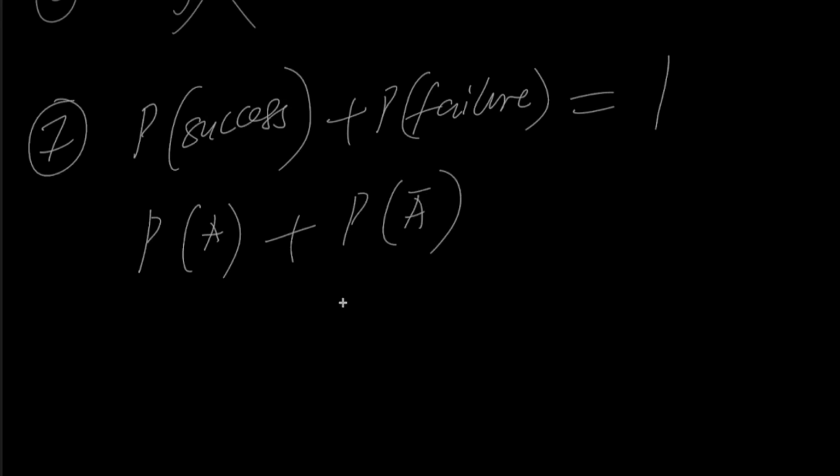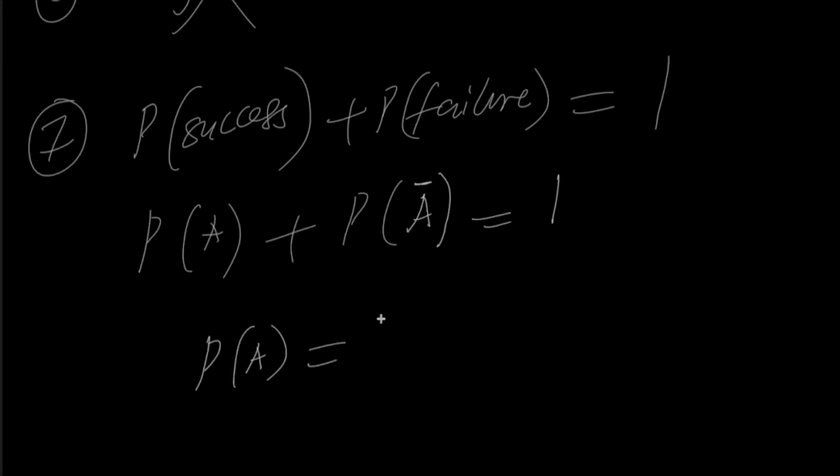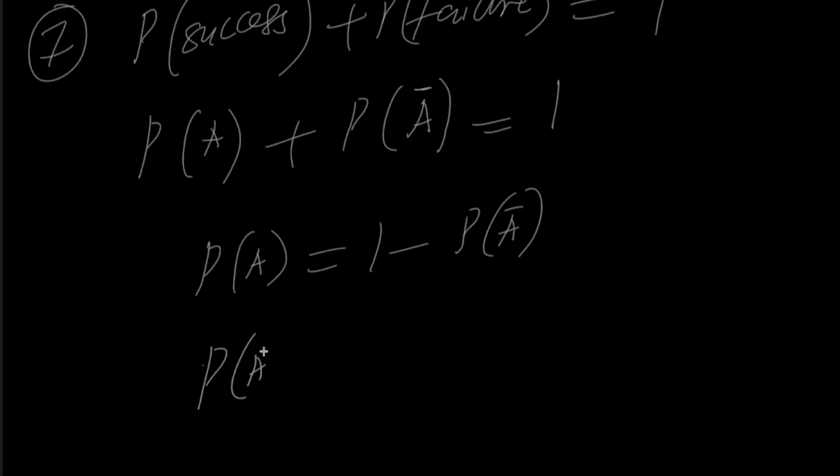Some people write it this way, but I prefer to use A with a bar at the top. That is equal to 1. Now the probability that A will happen, the probability of success, is equal to 1 minus the probability of failure. Or the probability of failure is equal to 1 minus the probability of success.